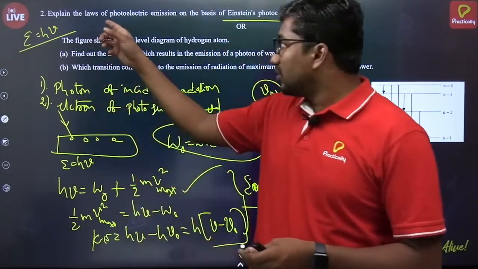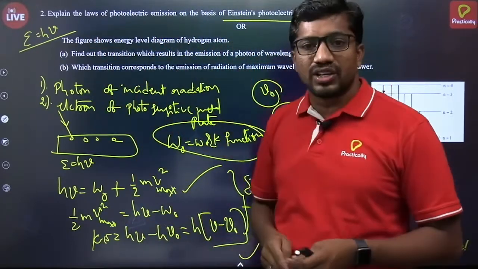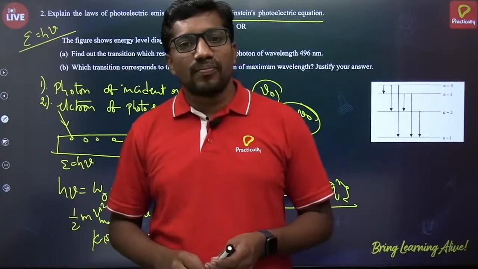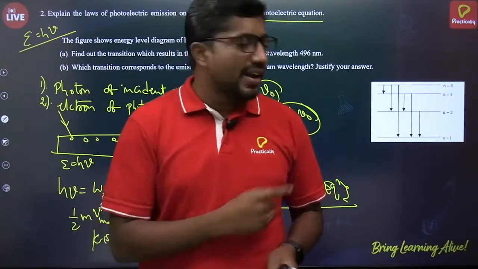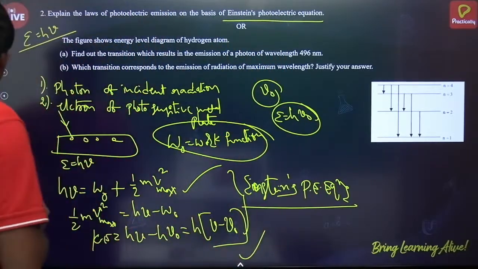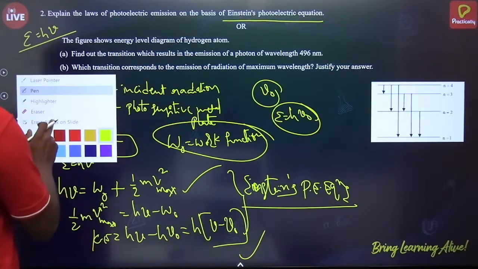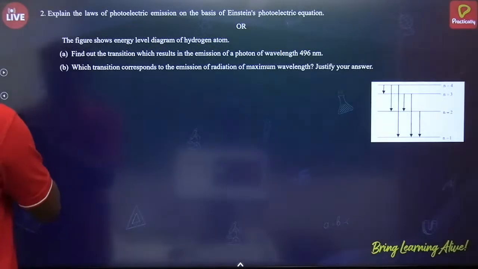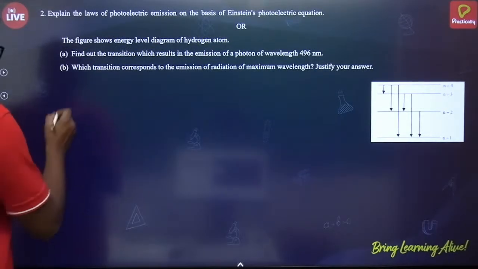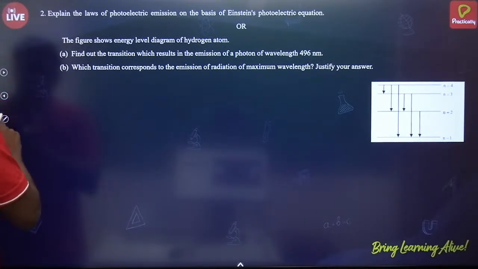As I said, the question is: laws of photoelectric emission, right? So, effect of incident radiation, I'll write here. Let me arrange these points.